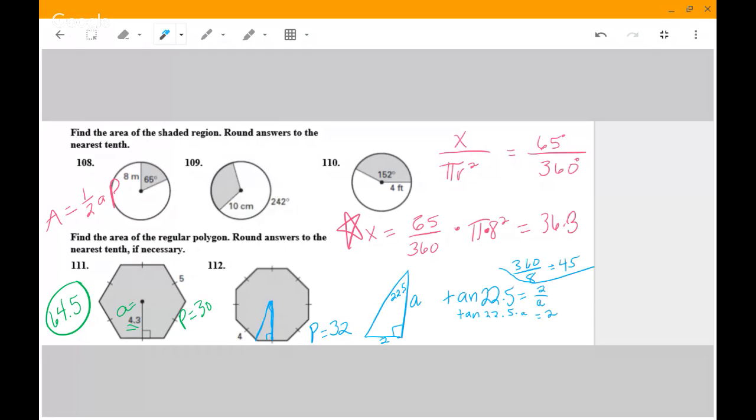You're trying to get A by itself. So you want the stuff that's with A to go. Oh, have 2 divided by tangent 22.5. There you go. Technically, you're dividing on both sides so that this one cancels. But yeah, that number makes more sense.